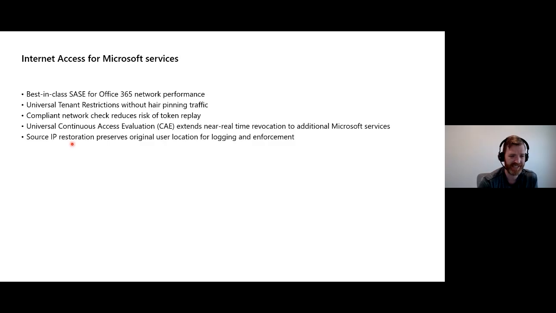That's a bit of an anomaly. Maybe we want to trigger some step-up multi-factor authentication for that specific sign-in event. But when all of the traffic is being proxied, you lose some of that fidelity. And so with source IP restoration, we maintain that fidelity of your risk-based detections, and everyone's life is easier.